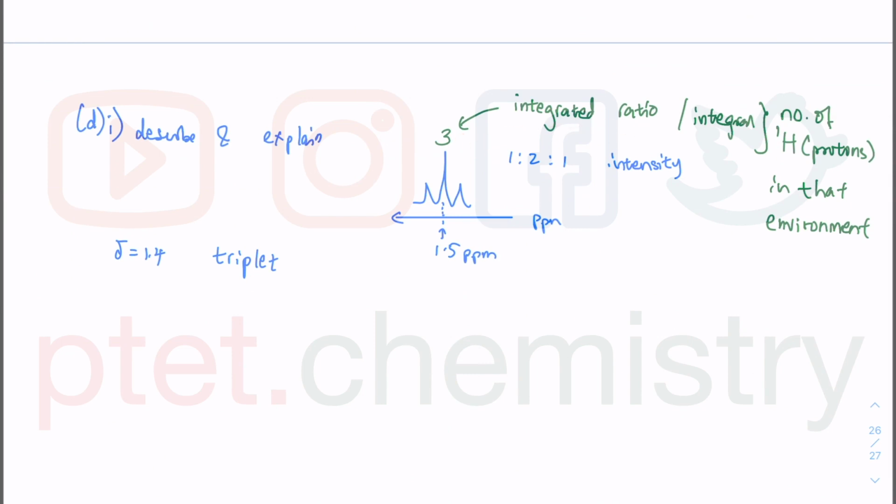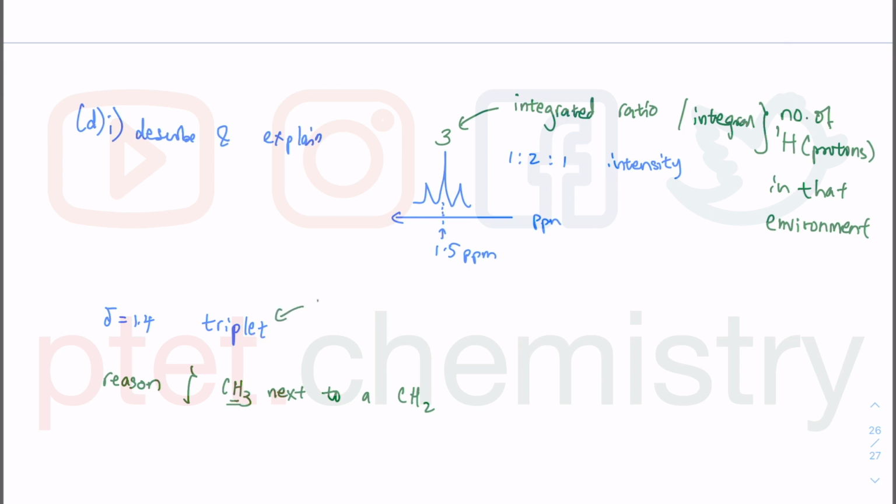So this triplet, this is what you see as a result of coupling to your neighbor. But how many protons do you have? What is the reason for it? So what happened is, it is a CH3 next to a CH2. But then you see a triplet, not because of this, because you are next to a CH2.